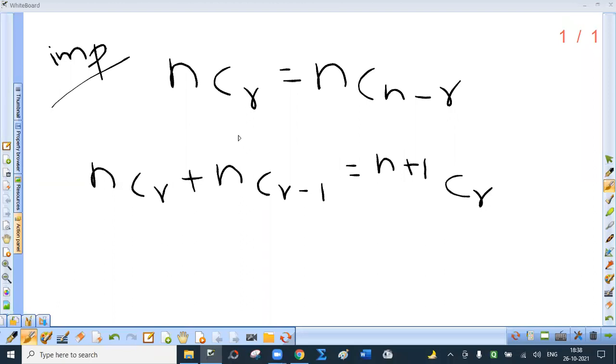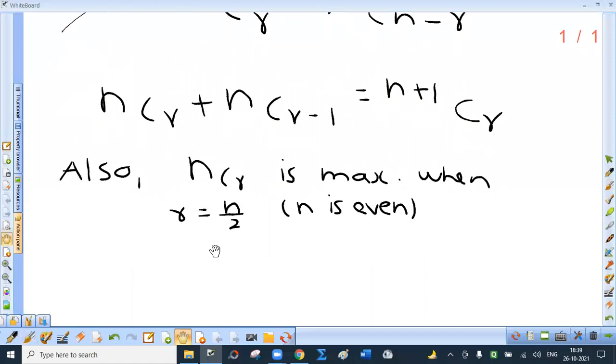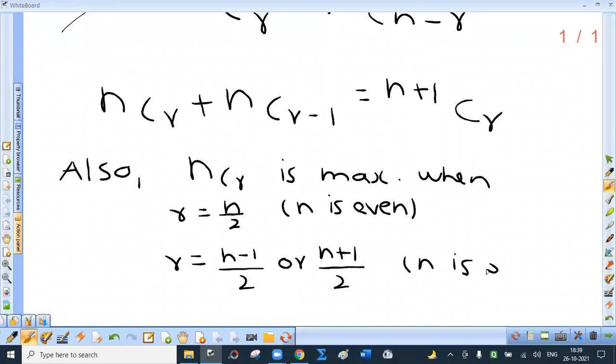So just write down this. Right. So nCr is maximum when r is n by 2 for n even, and r is (n minus 1) by 2 or (n plus 1) by 2 for n odd.